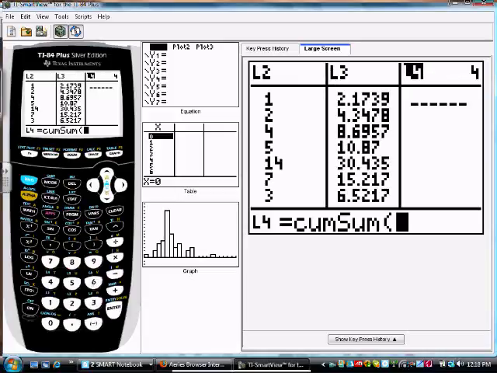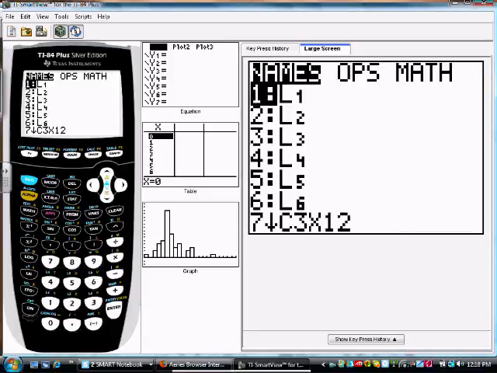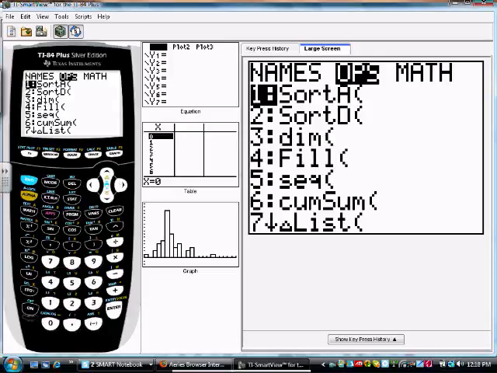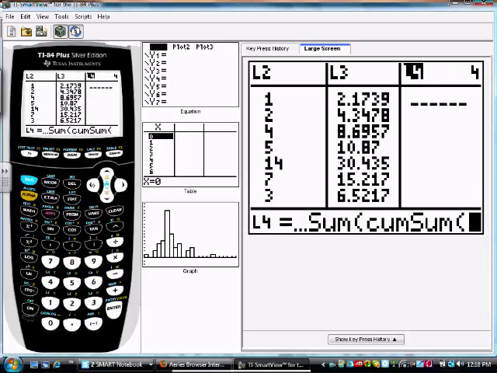Okay, so I'd like the cumulative sum of, oh, sorry. That was second stat, ops, arrow over to ops, and it's number 6. Okay.